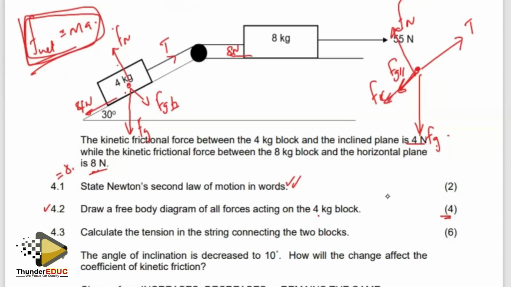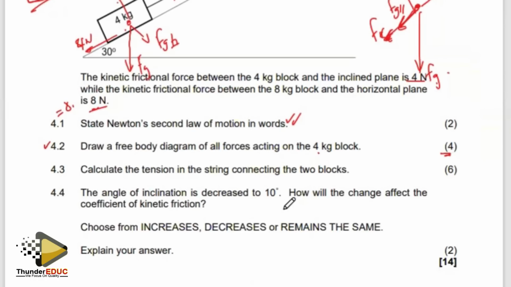Okay, so we have 2 forces that are coming down. So we have more than 4 forces, okay? Then 4.3, they want us to calculate the tension in the string that is connecting the 2 blocks, okay? So this tension here is what they need for 6 marks.